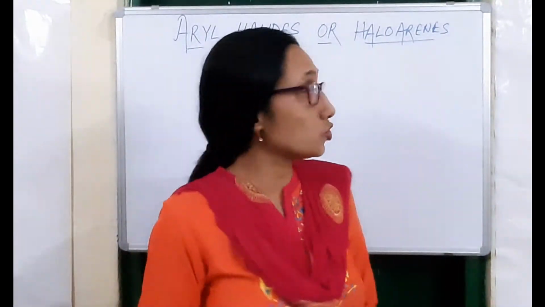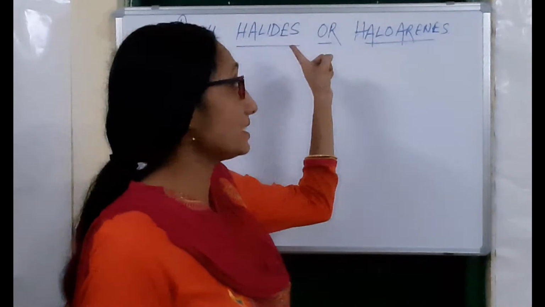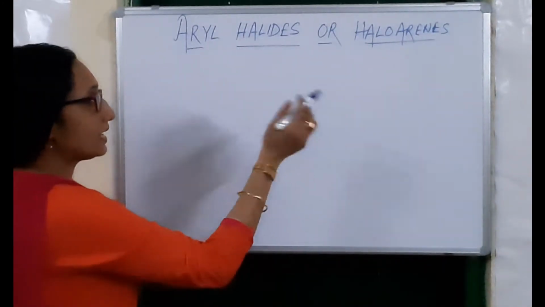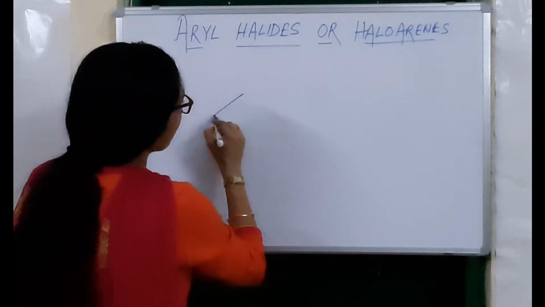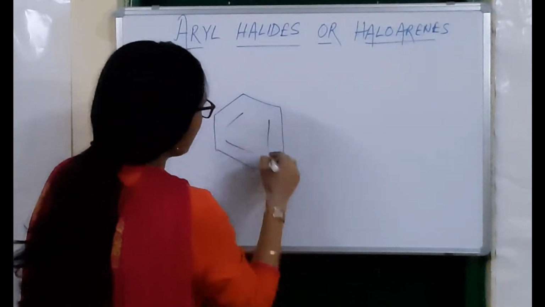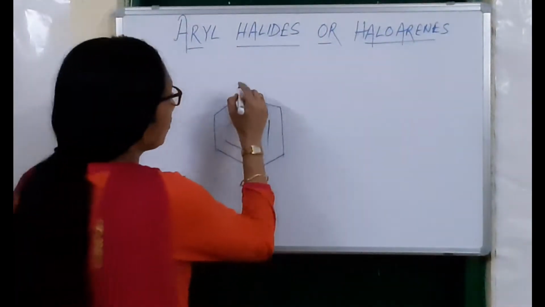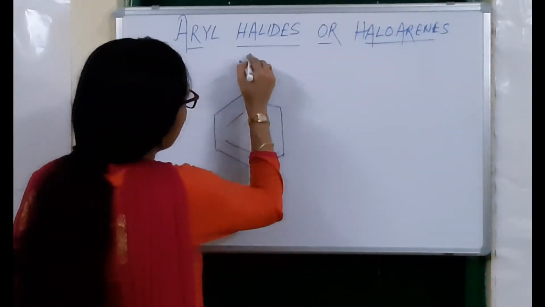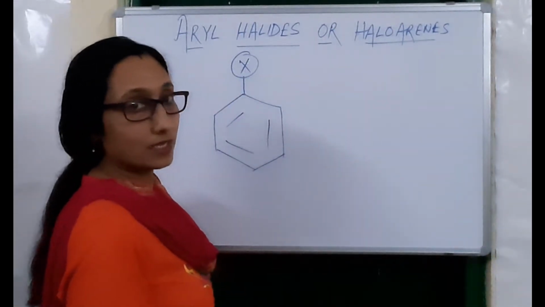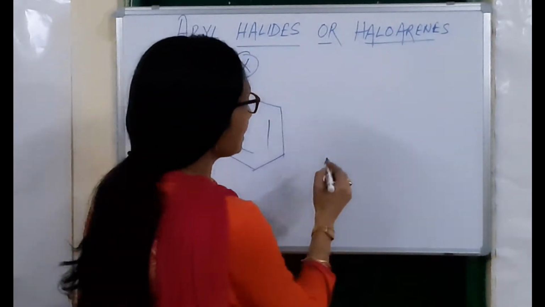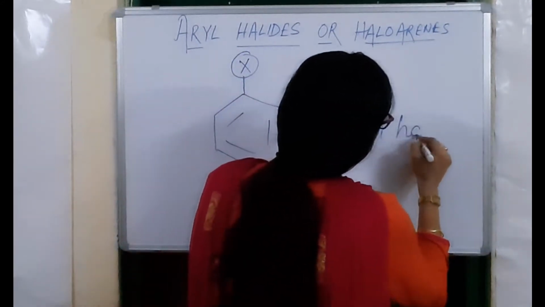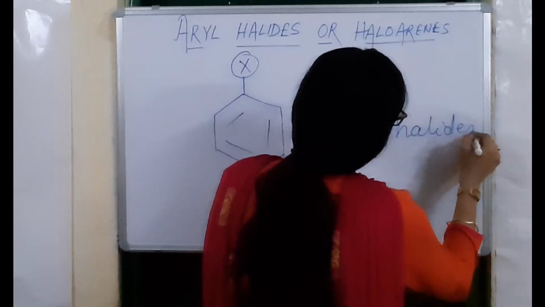Today we will start with aryl halides or haloarenes. So what are aryl halides or haloarenes? Now this is an aromatic ring. What is this? This is benzene. When a halogen is directly connected to the benzene ring, the compound is known as aryl halide or haloarenes.